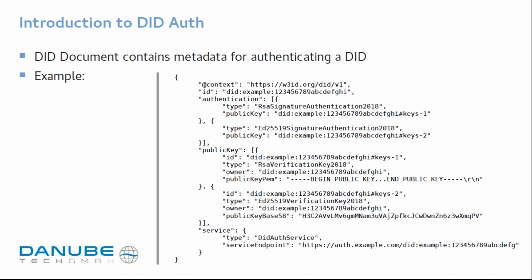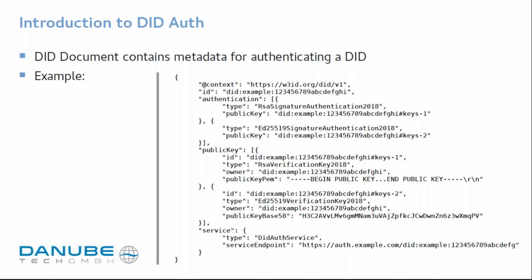On the technical level, one core piece in DID Auth, and really one core component in any kind of interaction with DIDs, is the DID document. The core function that DIDs provide is that, given a DID, you can resolve it to a DID document. That's what's going to be standardized across all the different DID methods.